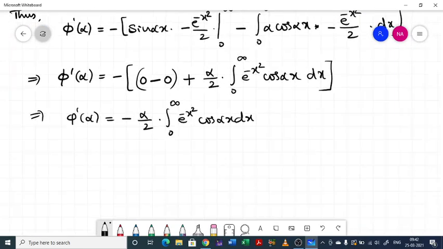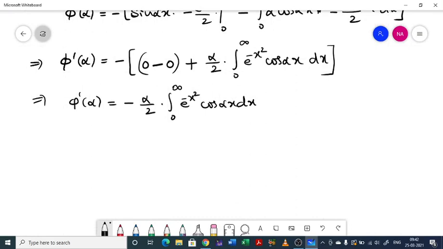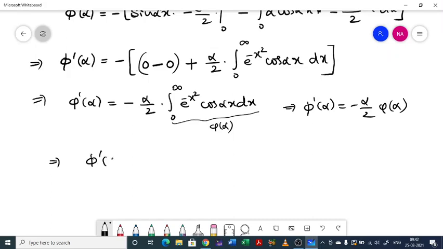Now this integral 0 to infinity e power minus x square cos alpha x dx is nothing but phi of alpha. So we got phi dash of alpha equal to minus alpha by 2 into phi of alpha. Taking phi to one side, phi dash of alpha divided by phi of alpha equal to minus alpha by 2.